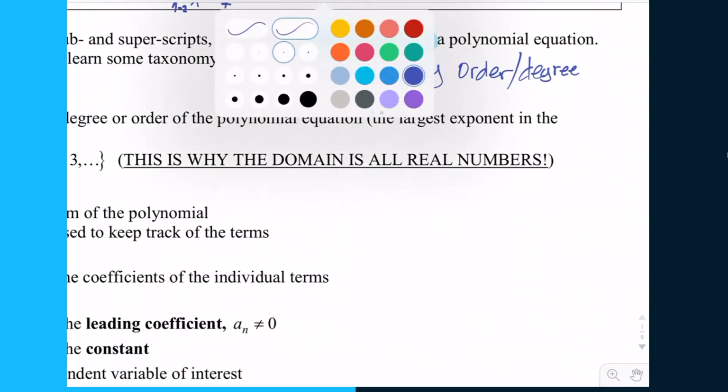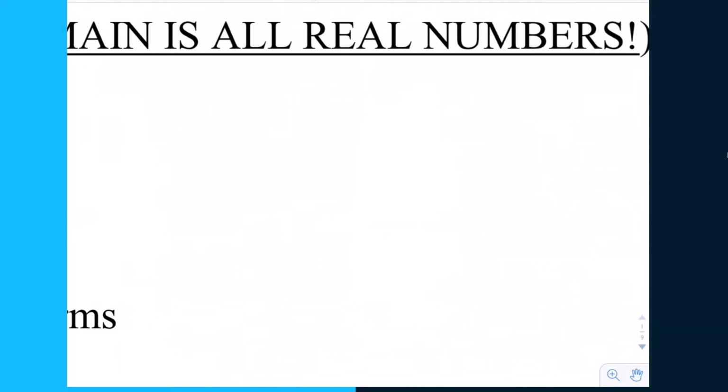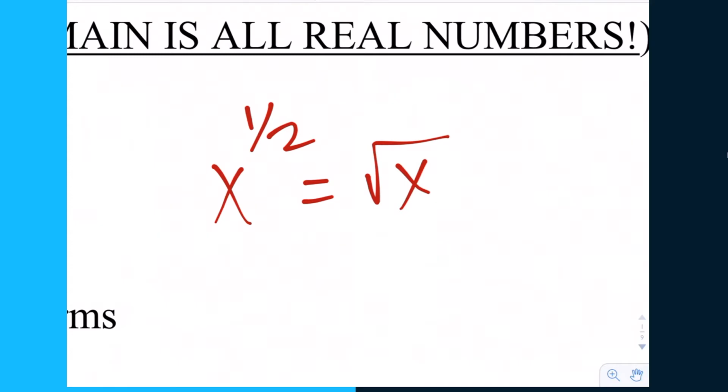You know how you answer a question like that? You say, okay, what would happen if we did not have whole number exponents, such as fractional exponents, like x to the 1/2? That becomes the square root of x, and does that have a domain of all real numbers? x has to be greater than or equal to 0.